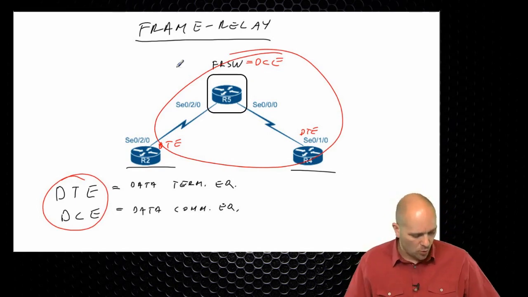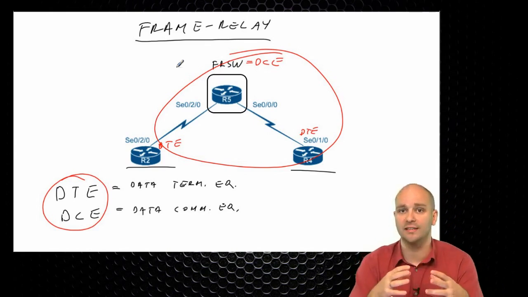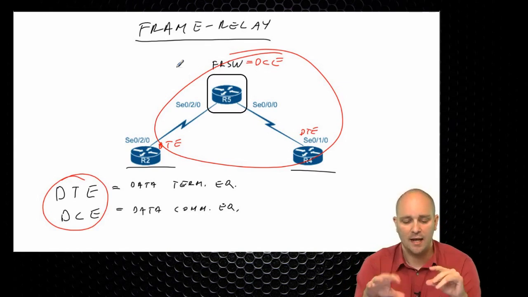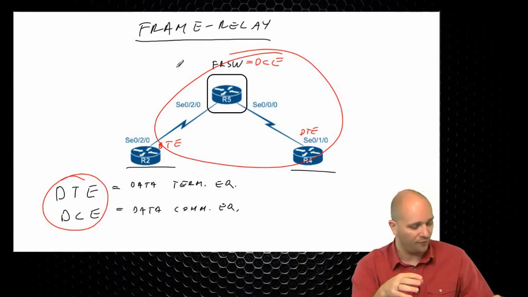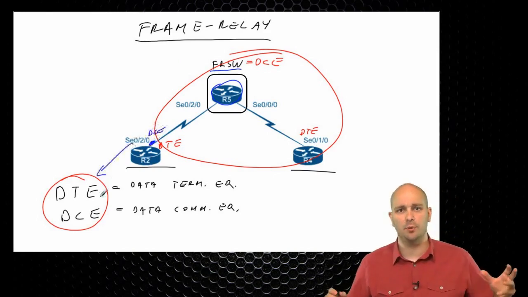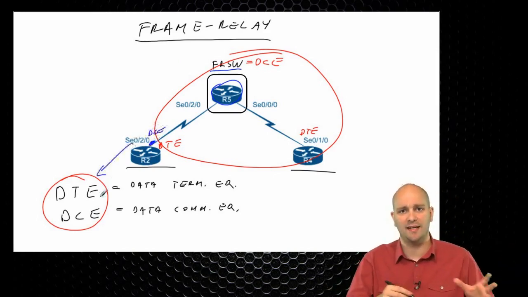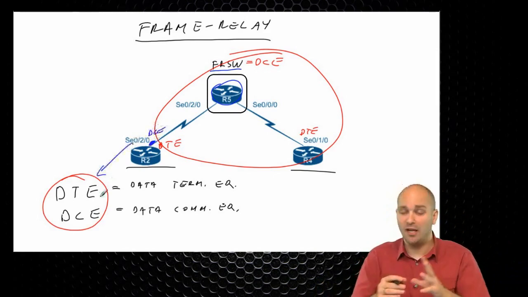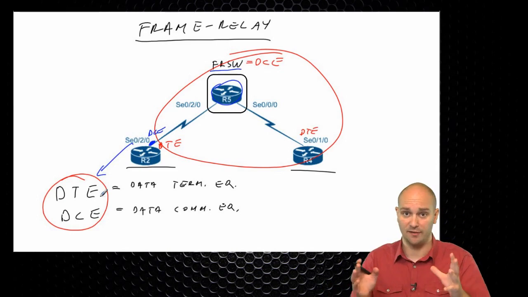I'm spending time on this because I have seen students struggle when they go into the lab and see a requirement to configure R5 as the frame relay switch, yet this device is the serial DCE. They say, this is impossible, this side is DCE, how can I make it a frame relay DTE? Well, you can, because they are completely unrelated.